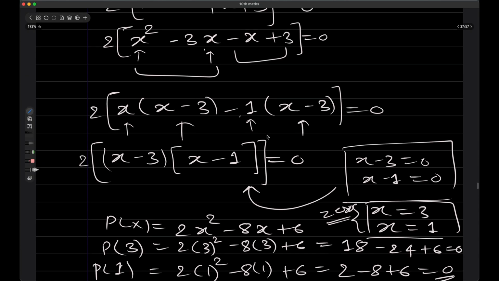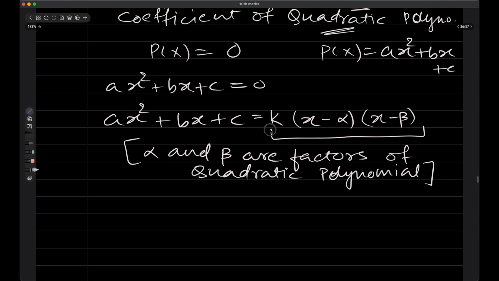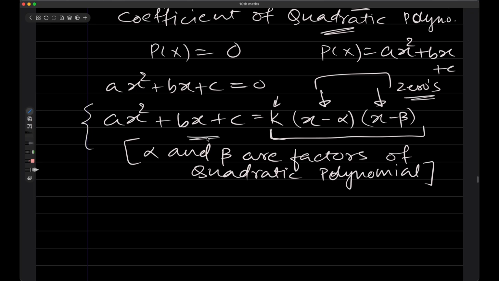Why have I done this? Because I want to bring the form such that k into the zeros of the polynomial. So for the quadratic polynomial, I can write it in the form k into x minus alpha into x minus beta.